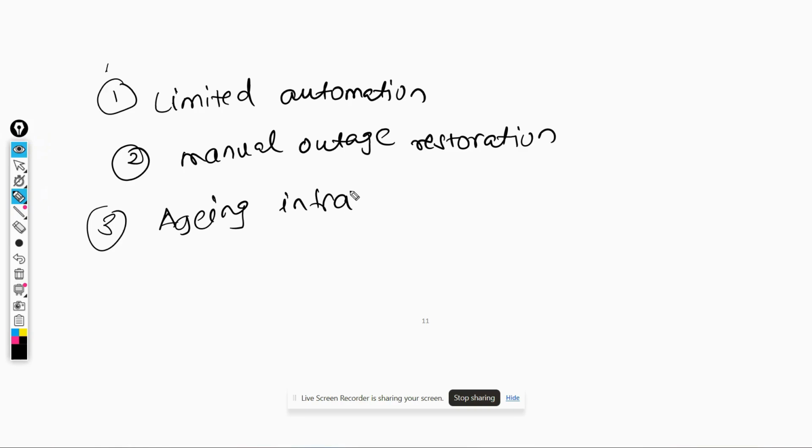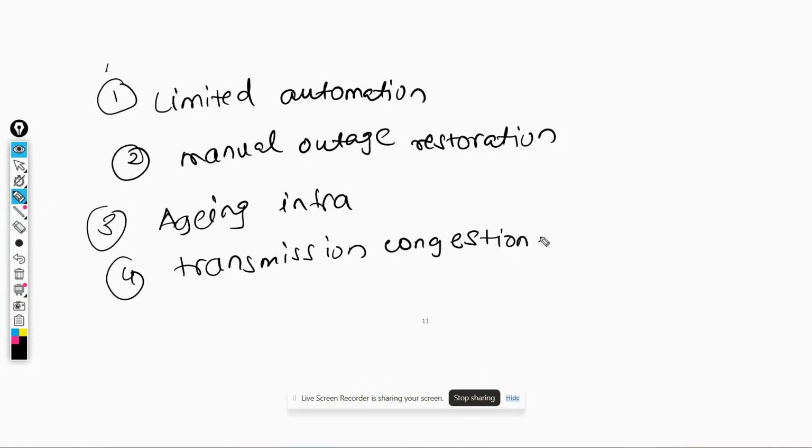Then another important limitation was transmission congestion. When too much electricity flows through a transmission line, it becomes overloaded.